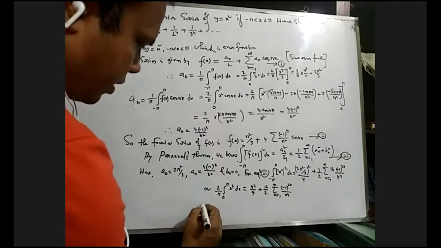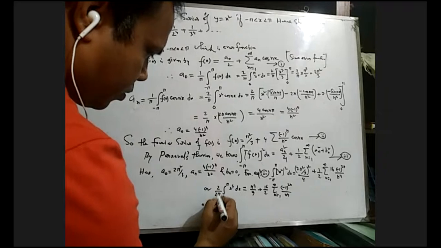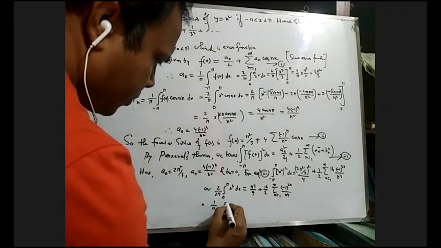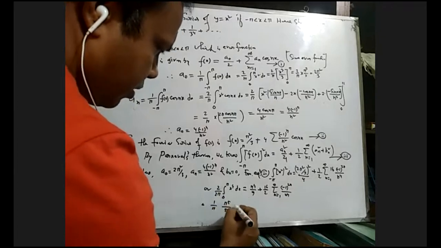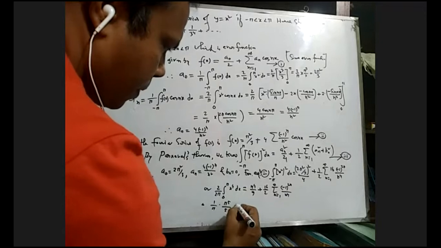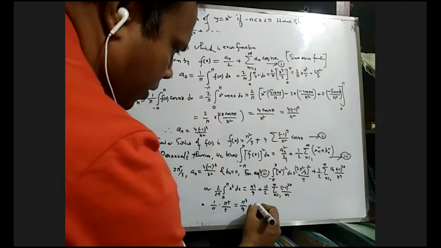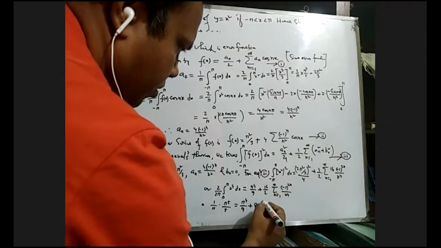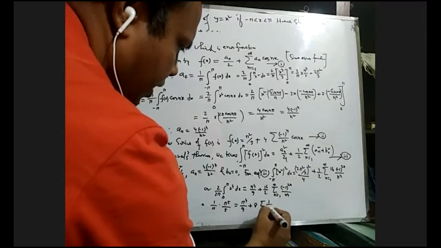So we get 2 will be cancelled, 1 by pi. That means pi to the power 5 by 5. Just integrating, we get this equals pi to the power 4 by 9 plus 8 times summation 1 by n to the power 4.